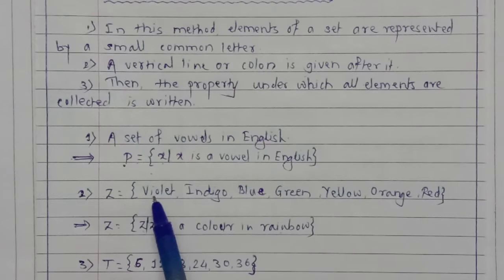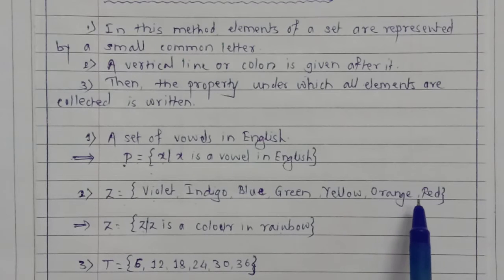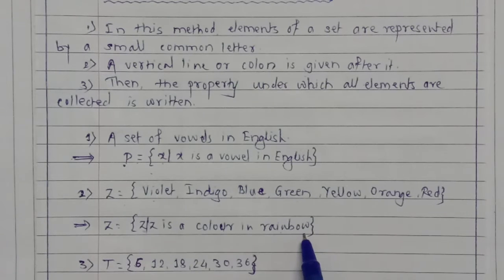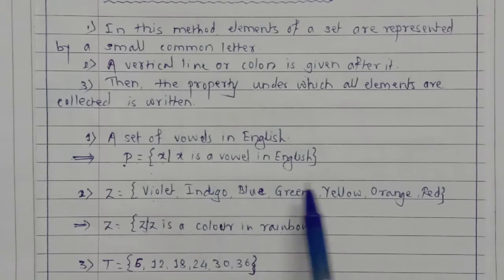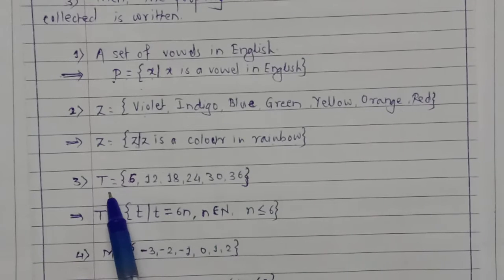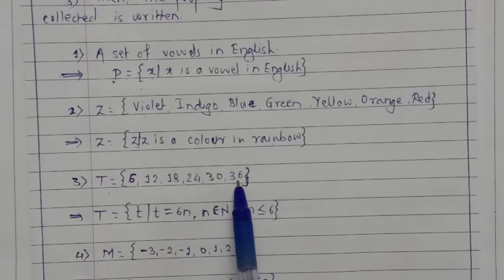So z may be violet, indigo, blue, green, yellow, orange or red. So these elements are represented by a small common letter, and then a rule is written by which all these elements are collected together.